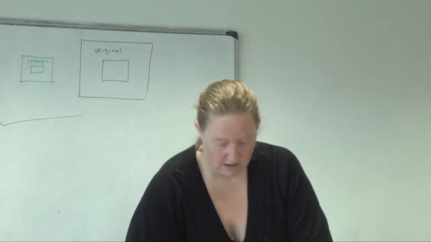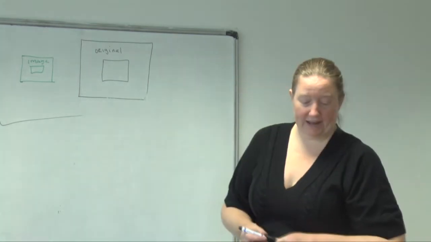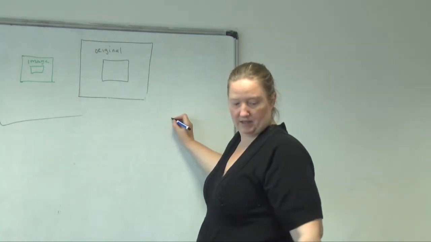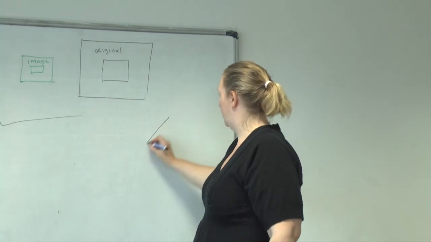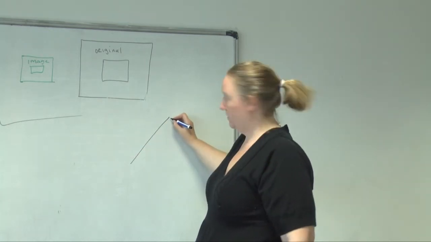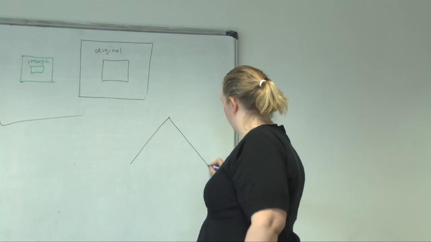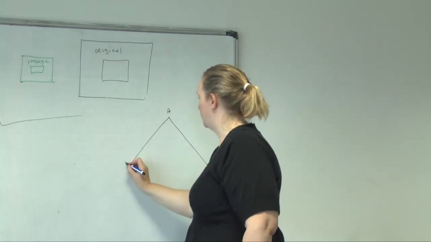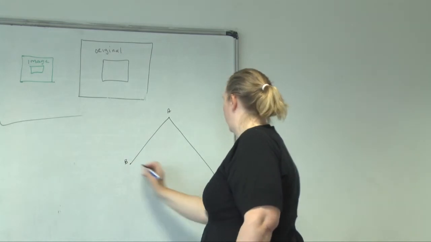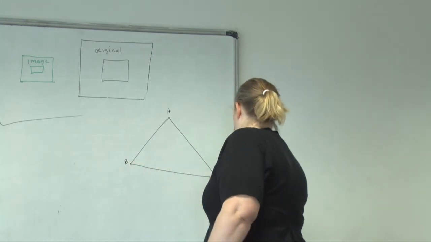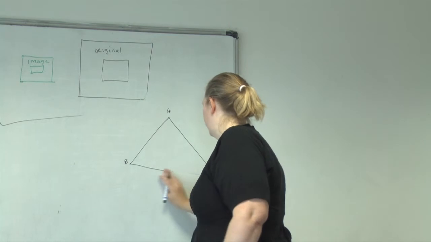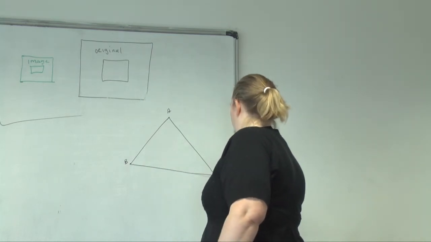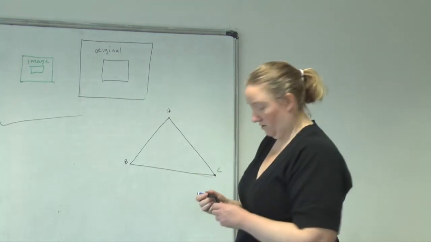Alright, now they give you again a triangle ABC. That's A, that's B, that's C. Right?